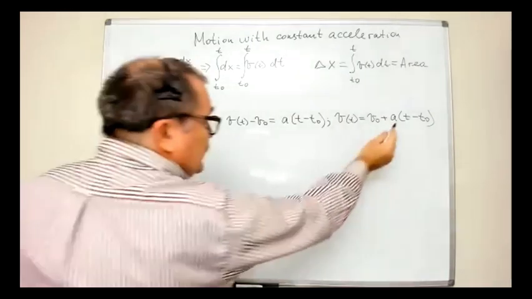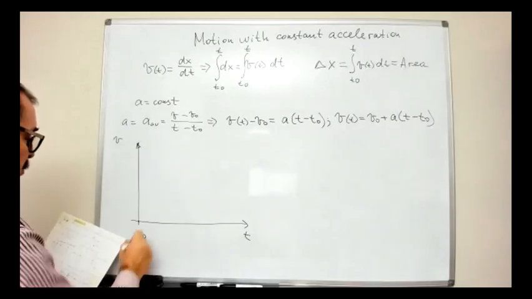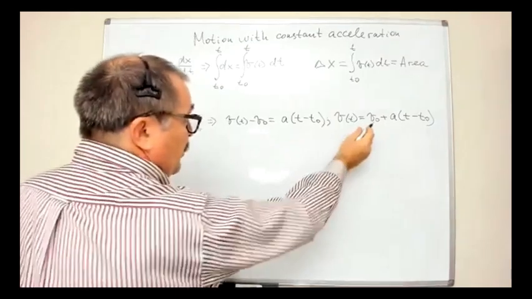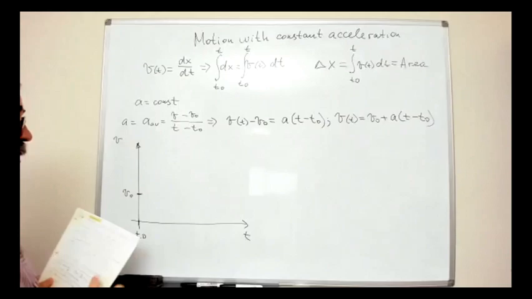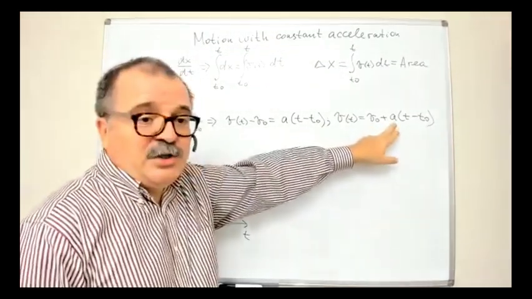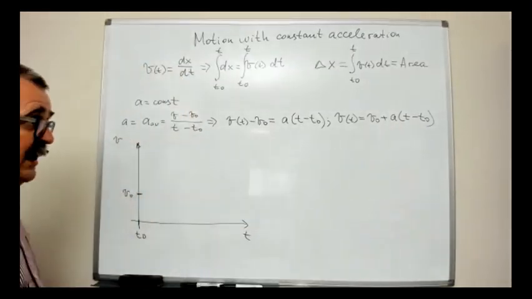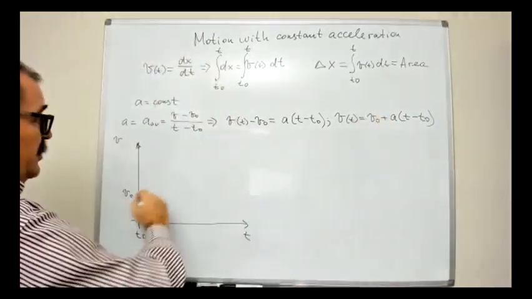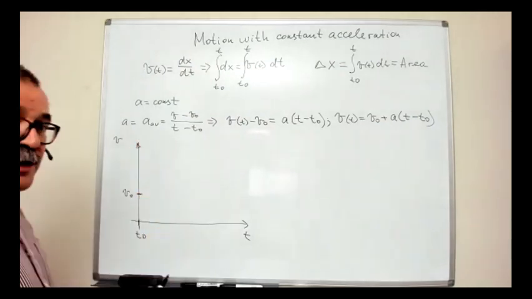At t equal to t0, which is this moment of time, velocity is v0. I will assume in this example, just for simplicity, that acceleration a has a positive value, so it will increase the positive v0. So we should expect that the velocity will increase.